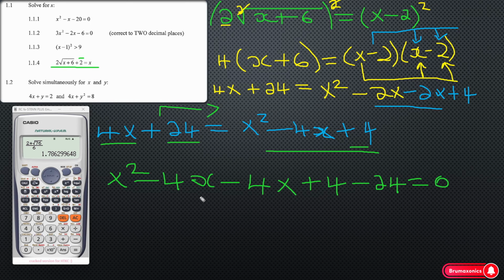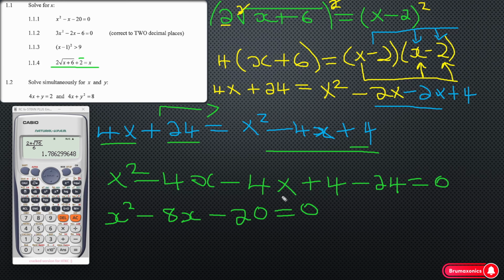Let's try to simplify this. X squared minus 4, sorry, minus 8, this should be 8, minus 8x, and then the plus of 4 and negative 24 will give us a negative 20, which is equal to 0 still, right?